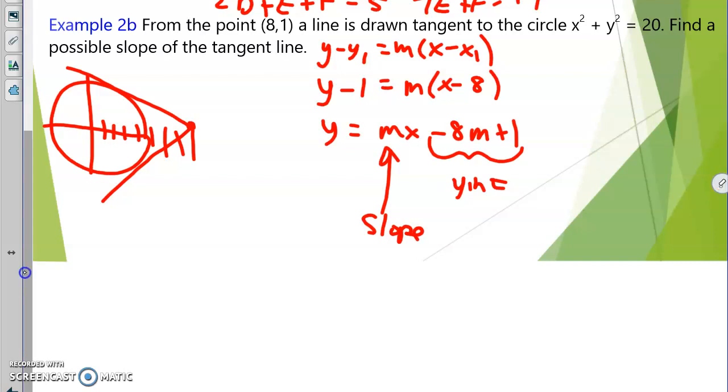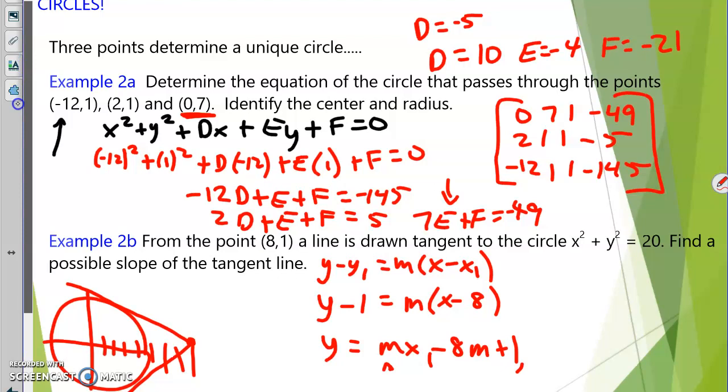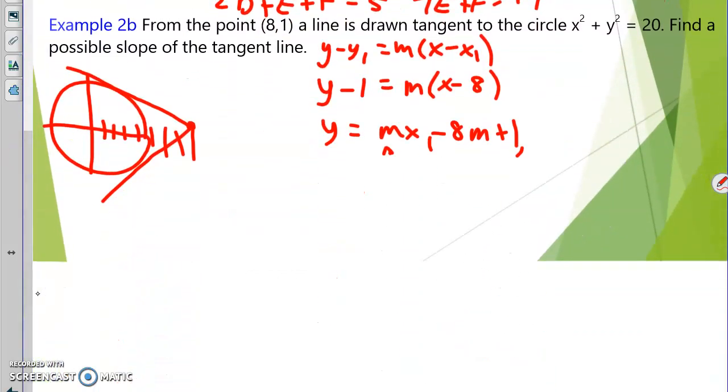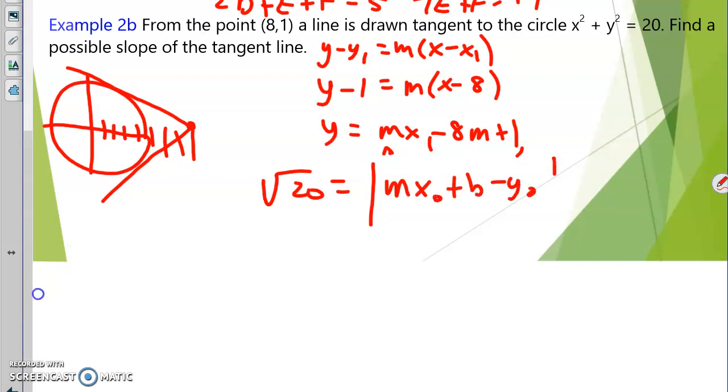So with that information, I'm going to plug into our other formula that we were given on the previous page. And so I'm going to say the radius square root of 20 is equal to the absolute value of the slope times x0 plus b minus y0 all over square root of 1 plus m squared.